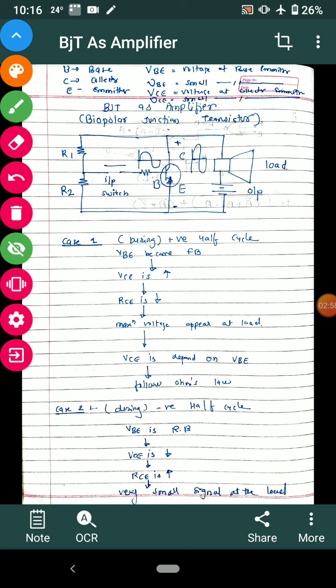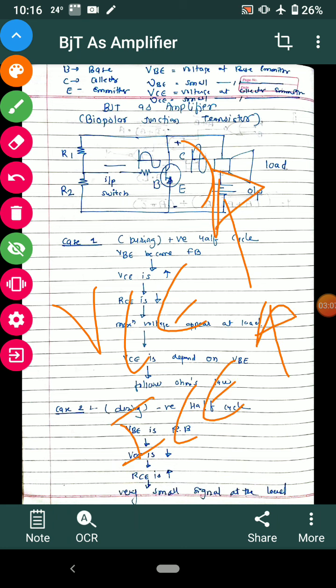Due to this, the voltage at collector-emitter increases, then the current increases, then the resistance decreases. So maximum current flows from input to output.